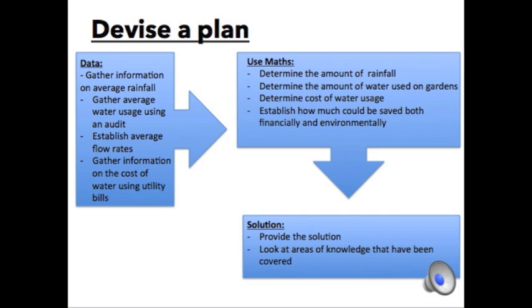Firstly, we need to create a plan which involves collecting data, which includes gathering average water usage using audits, establishing the average flow rates of taps, and estimating costs from utility bills. We are then able to apply maths to determine the amount of water used, the cost of the water used, and establish how much could be saved. This will allow us to come up with a solution that ultimately displays our best ecological option.